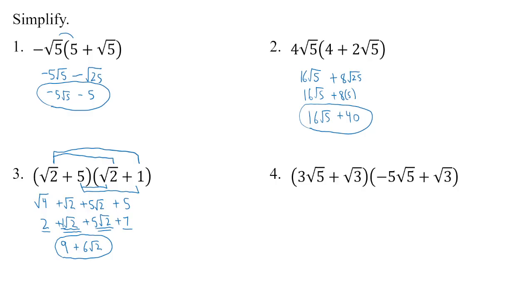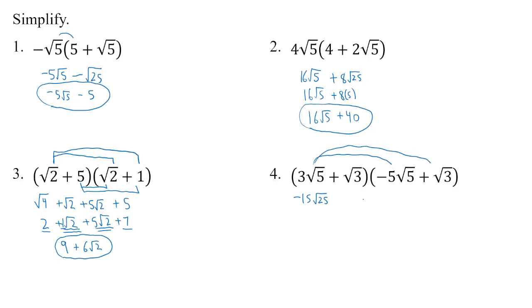So for number 4, we have 3 times the square root of 5 plus the square root of 3 times negative 5 times the square root of 5 plus square root of 3. So we're going to apply the FOIL method. 3 times the square root of 5 times negative 5 times the square root of 5 is negative 15 times the square root of 25.